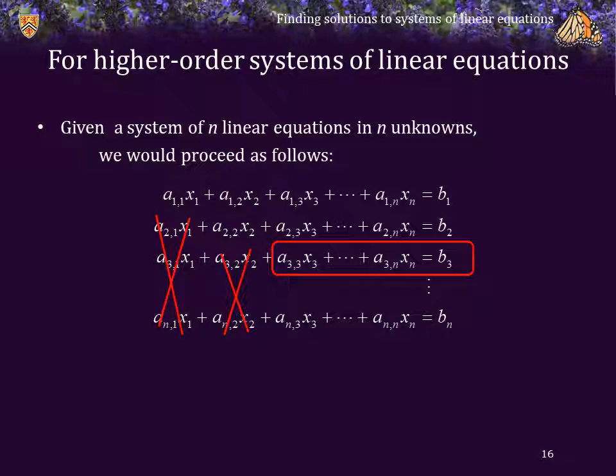This last equation will then be of the form a scalar times xn is equal to a scalar, which is a single linear equation in a single unknown, which we can already solve for. Having solved for xn, we can then use backward substitution to find x(n-1), then x(n-2), all the way up to solving for x1.